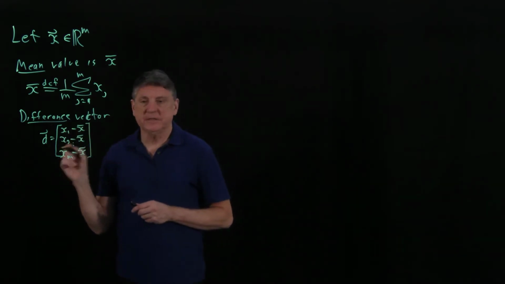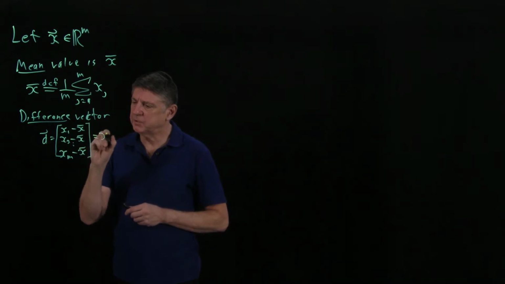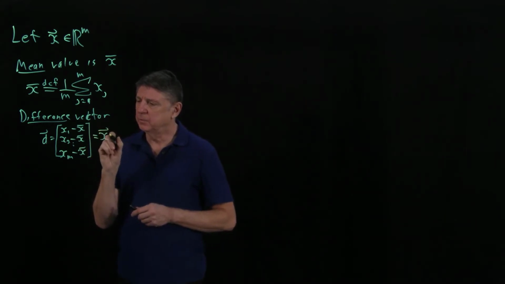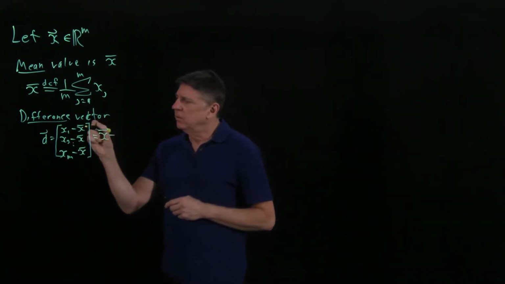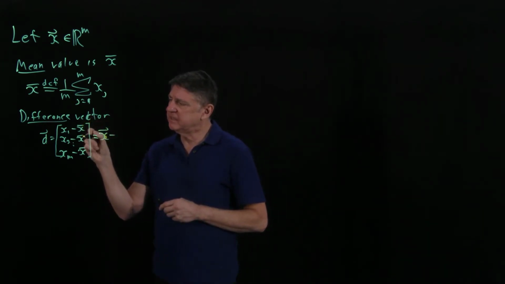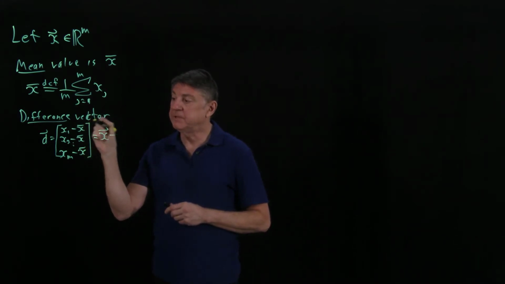We would like to gather these, and so what we can do is say, well, that's going to be the x vector, and then we'll be subtracting something. And the question is, what are we subtracting? Well, if we think about it, this is a vector that is all ones multiplied by the mean value.